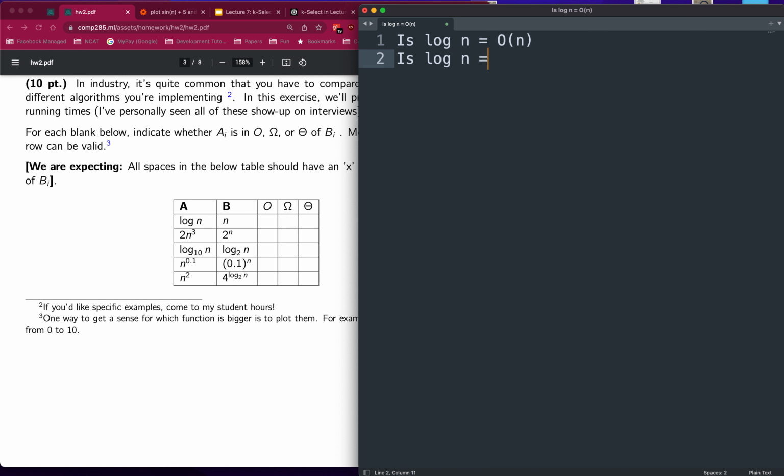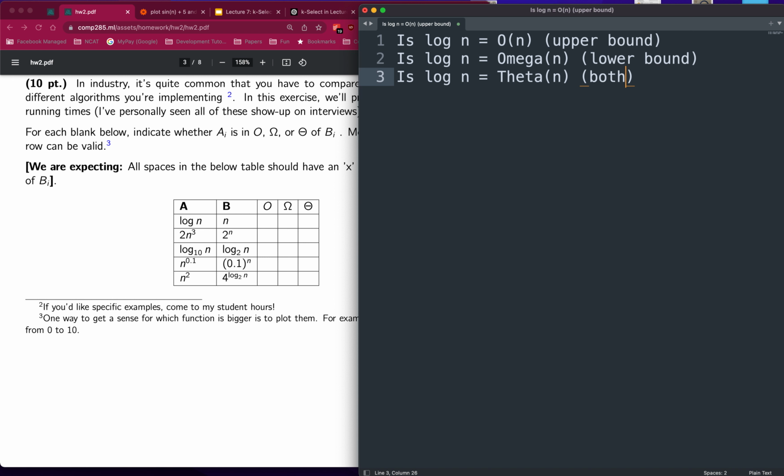Is log n big omega of n? Is log n big theta of n? And the way to think about this is big O, as always, this is less than or equal to. It's an upper bound. Big omega is the lower bound. So it's essentially flipping big O. And big theta is both.